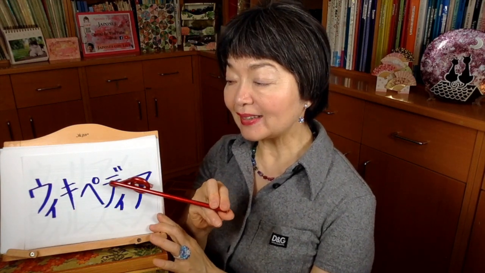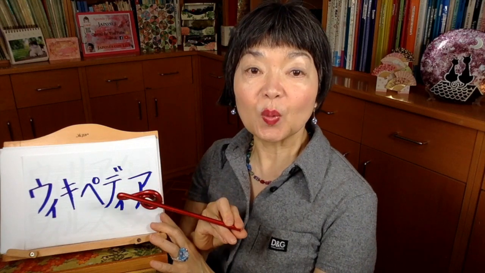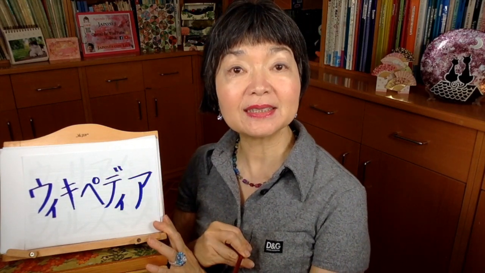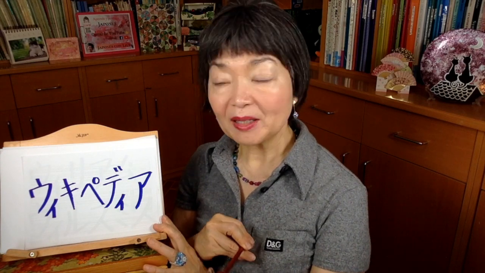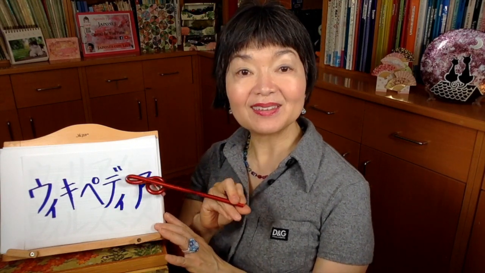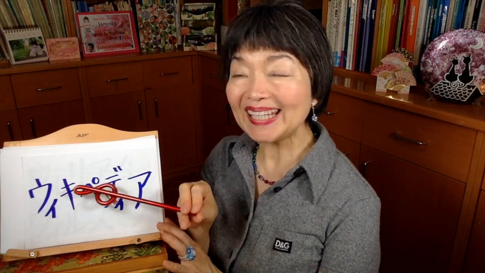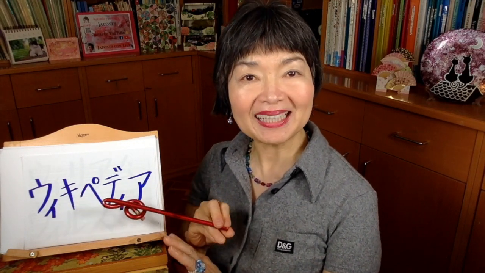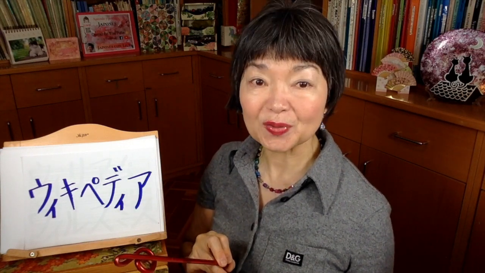Well, here, te and ten, then we pronounce de. But here there's small e, so we pronounce d instead of de, d. Dia. Wikipedia, you know it. It's a very, very famous and useful site, Wikipedia.